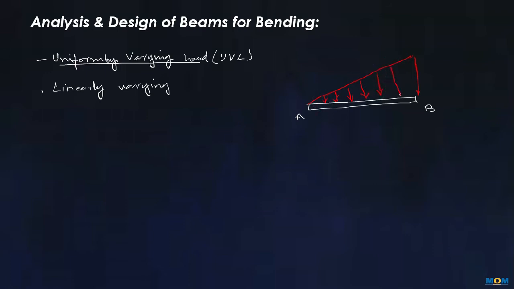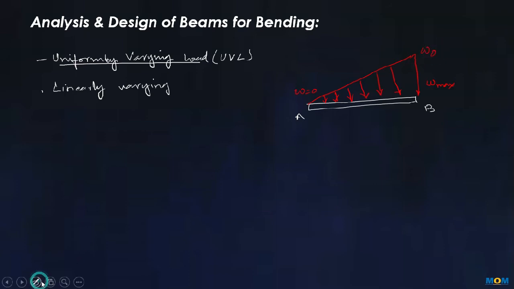So this is the example of uniformly varying load. So again this is denoted with the sign omega. Now here at this point A we have the omega value, that is 0, and at B point we have omega maximum. Let's say this is denoted with omega naught.